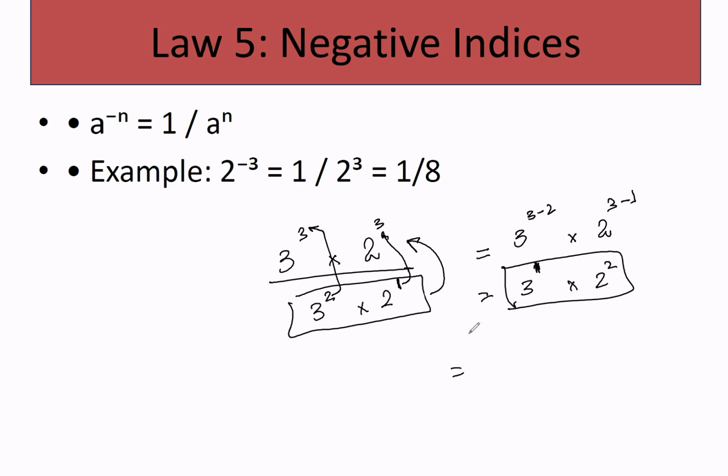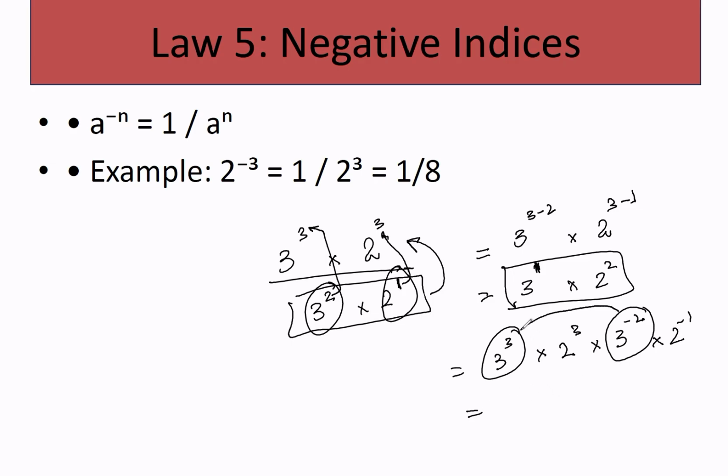Okay, that's your answer. Some students, in this type of question, when they are bringing it on top, will write it like this: 3 cube, 2 cube times this 3 square. When it goes up, it will become 3 negative 2, and this 2 power 1 will become 2 negative 1, right? So some students do it like that. That's also correct. Now the first rule is applied, that for the same base, powers are added in multiplication.